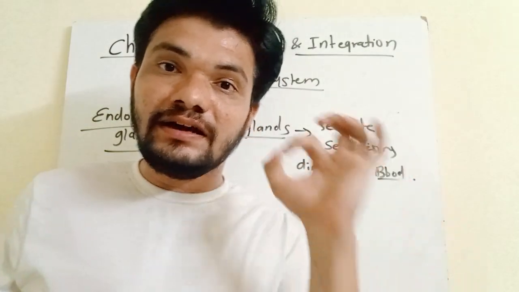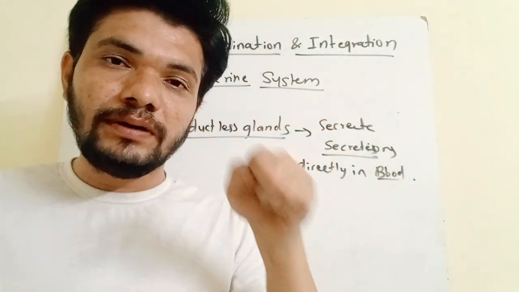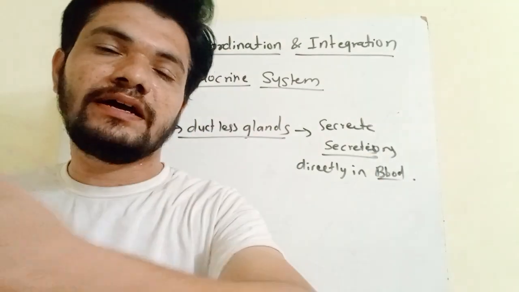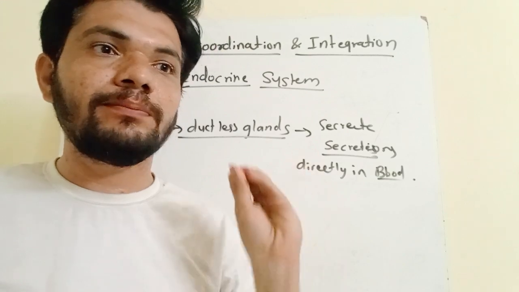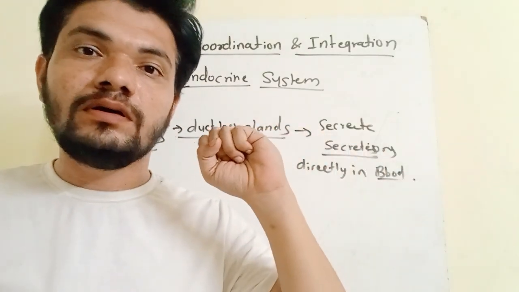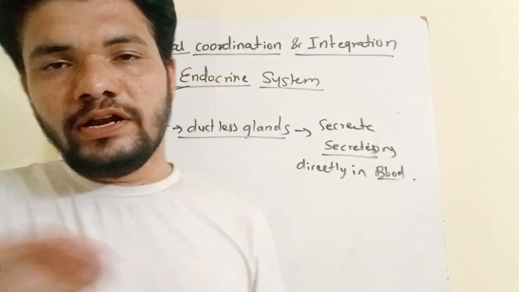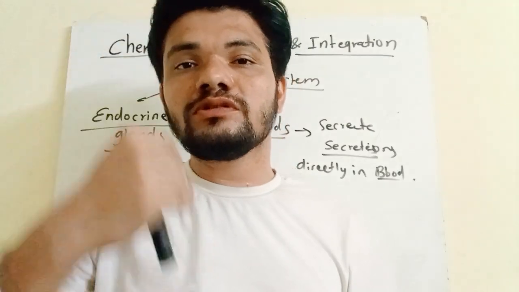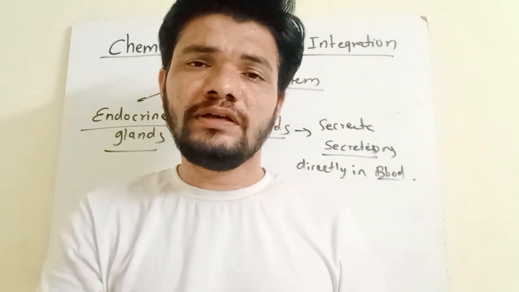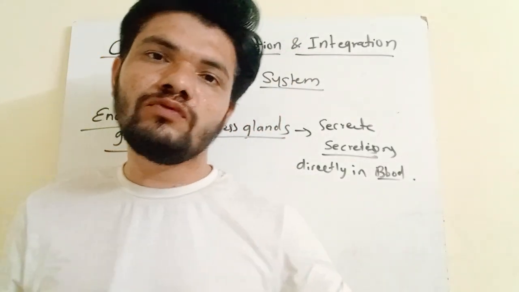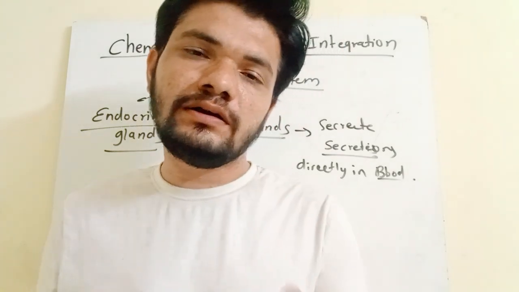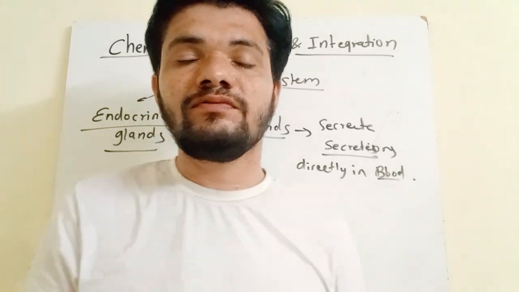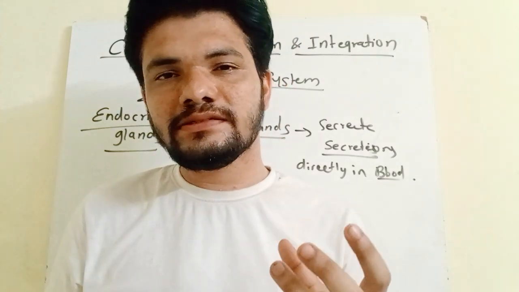They secrete hormones directly into the blood, and then the blood transports those hormones to their targeted organs, tissues and cells, and they bring some changes in that particular organ. For example, your pituitary gland will secrete FSH and LH. Those hormones directly affect the ovaries of the female, in which there are immature follicles which contain the immature eggs.